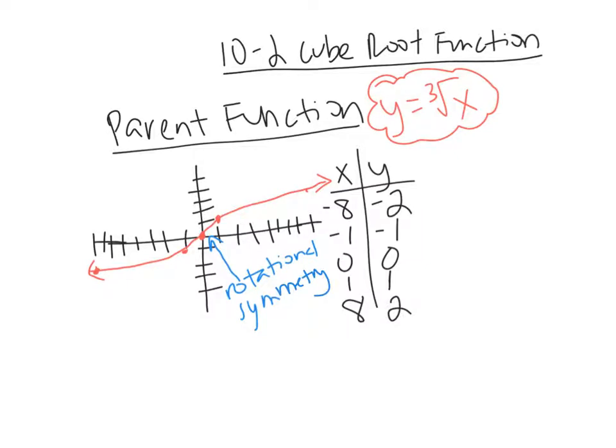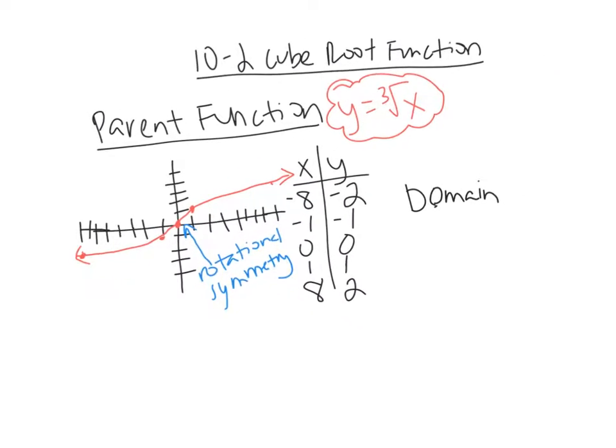So let's look at key attributes. Domain. Do I have any restrictions on domain? Notice I can plug in any positive x, I can plug in any negative x. So domain is just like the cubic function, all real numbers. So -infinity to infinity. Now what about the range?